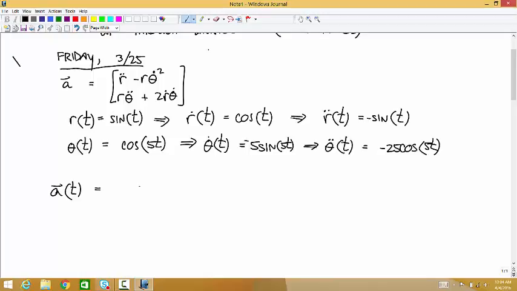So we just have negative sine of t, minus sine of t times theta dot, so that's negative 5 sine of 5t squared.